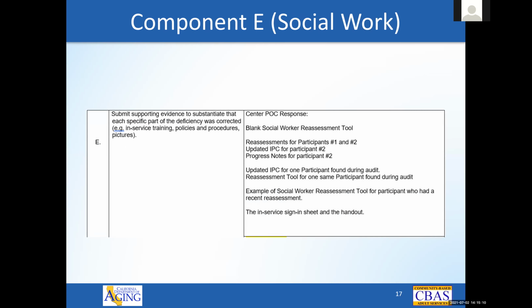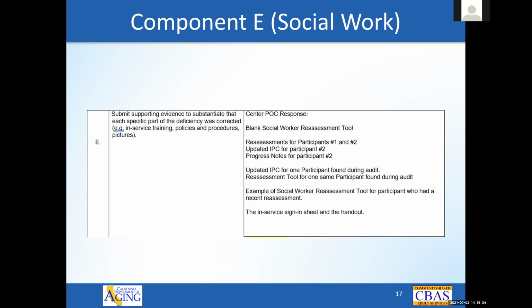So for our social work evidence showing the deficiency was corrected, the center submitted the blank social worker reassessment tool, the reassessments for participants number 1 and number 2, the updated IPC for participant number 2, and the progress notes for participant number 1.